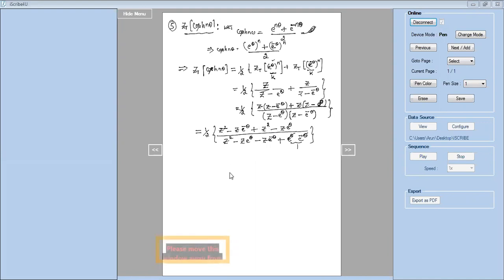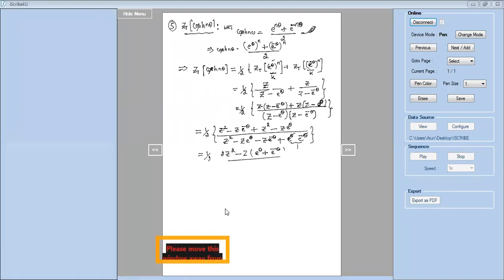So this is equal to 1 by 2 into, so it is 2z square, and from these two terms I can take minus z common, so it is e power, see, if I take minus z common, I'll get e power theta plus e power minus theta. It is e power theta plus e power minus theta divided by denominator.